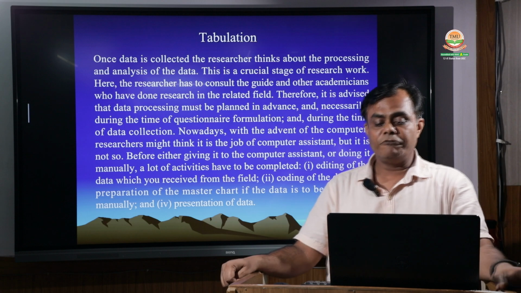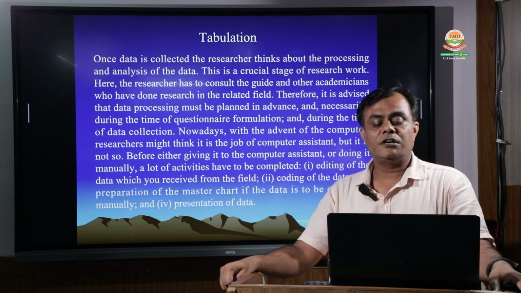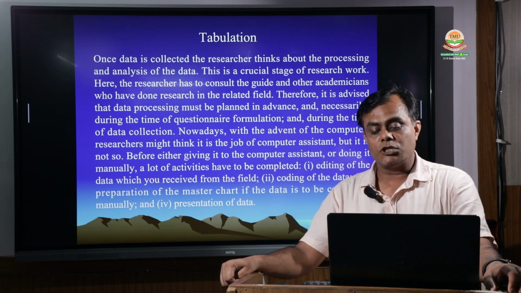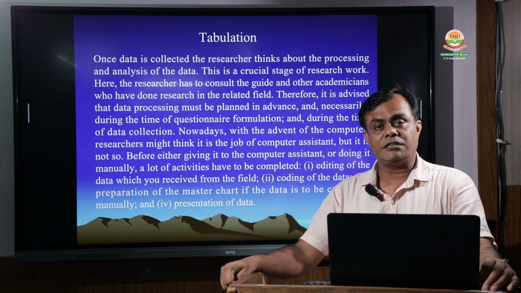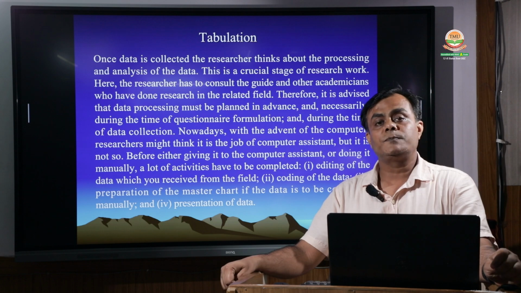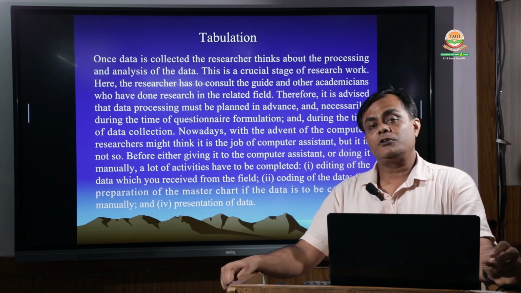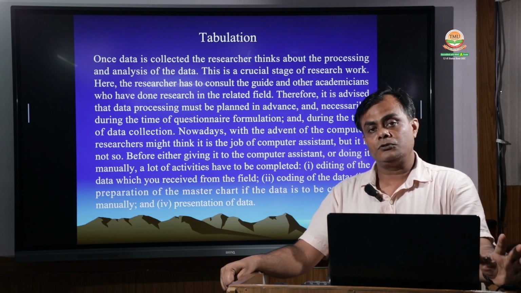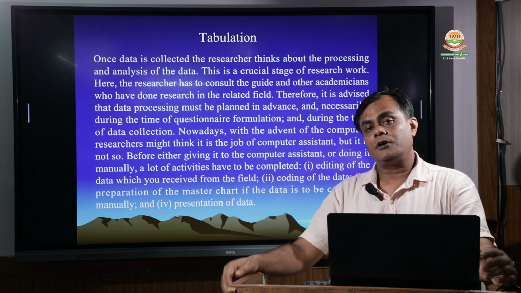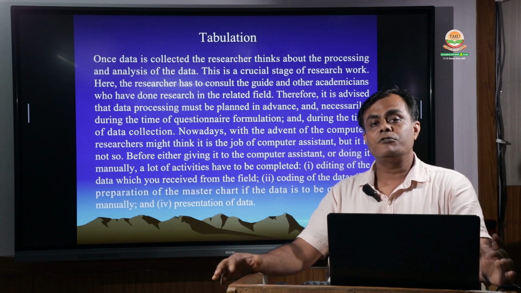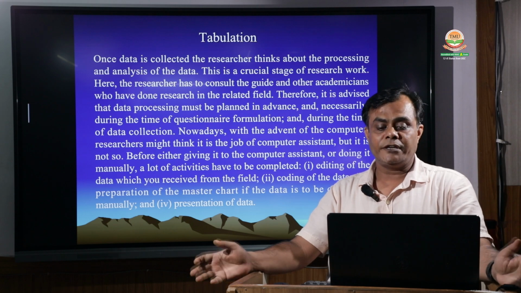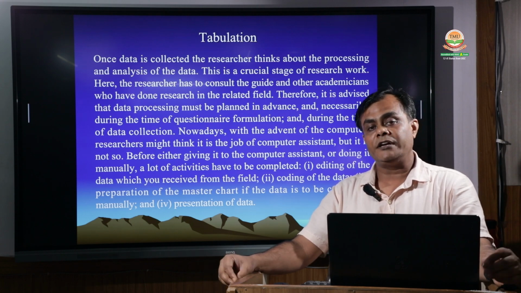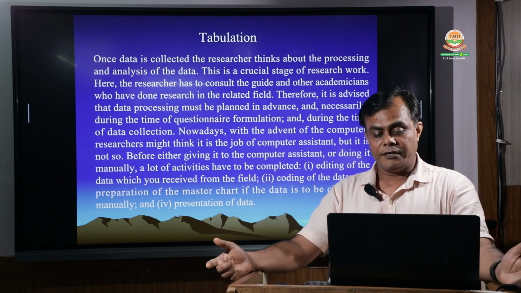Nowadays, with the advent of the computer, the researcher might think it is the job of the computer assistant, but it is not so. Data processing is not simply the job of the computer assistant, because he or she does not know for which purpose, from where, or how you are getting the data, what the mechanisms, tools and techniques are that you used to gather the data.